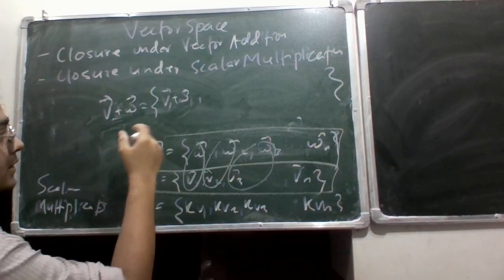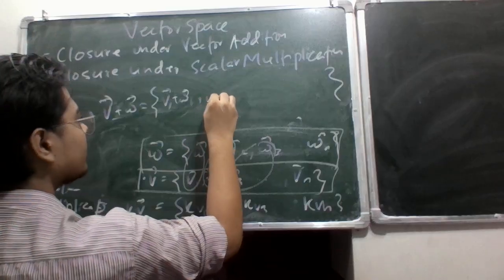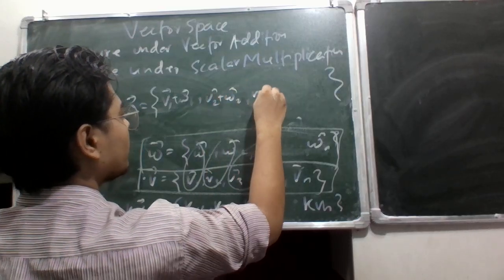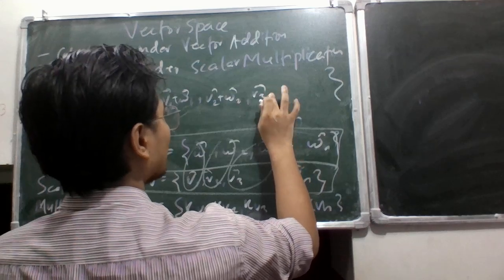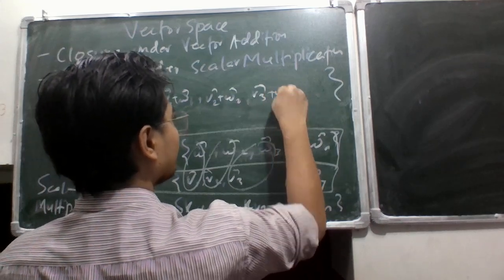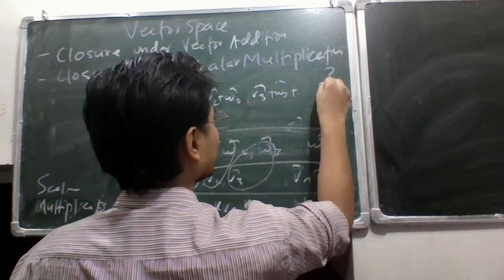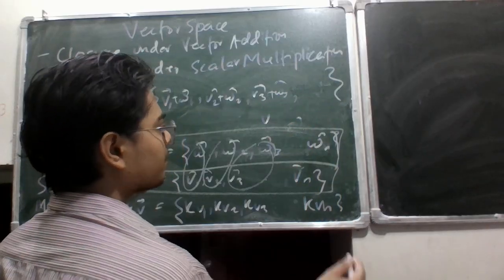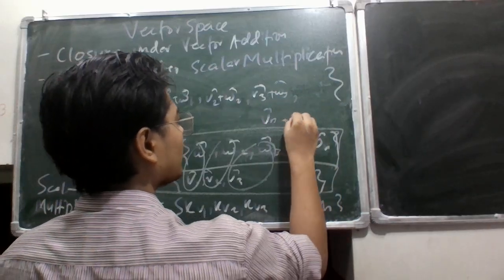So it will be v1 plus w1, v2 plus w2, v3 plus w3, all the way up to vn plus wn.